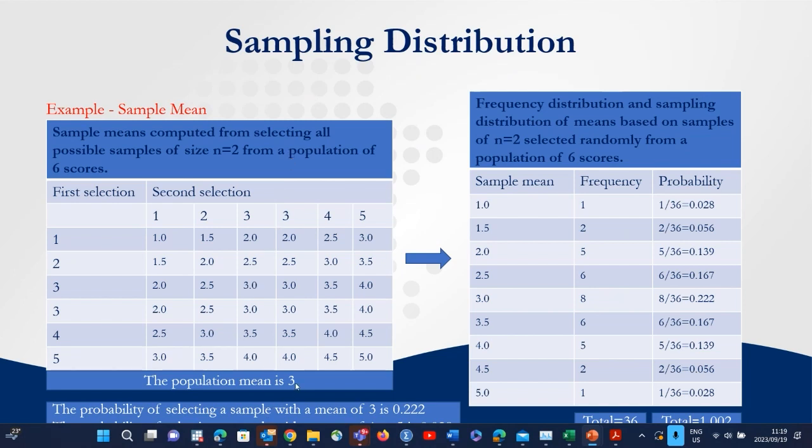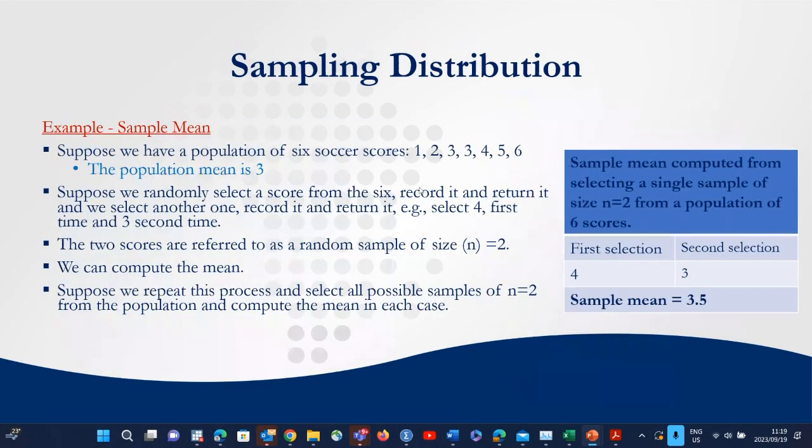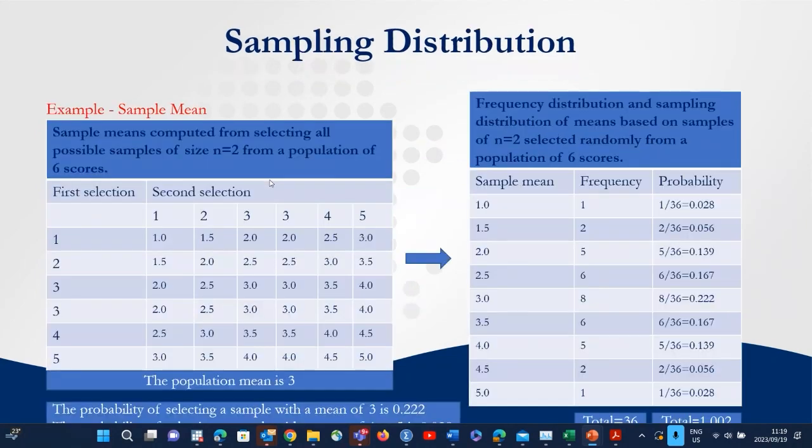We know that the average is 3 because I computed it here. That's the true one. The average of the possible values of the population is 3. And the ones inside the table are the ones computed from the samples of size 2.